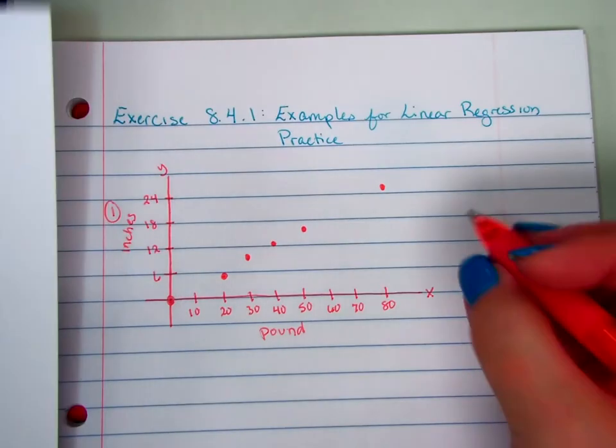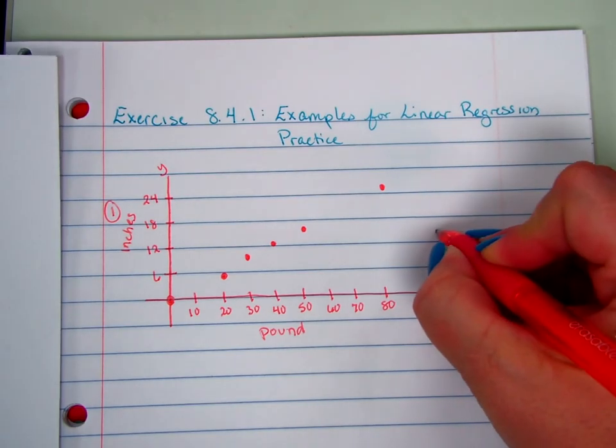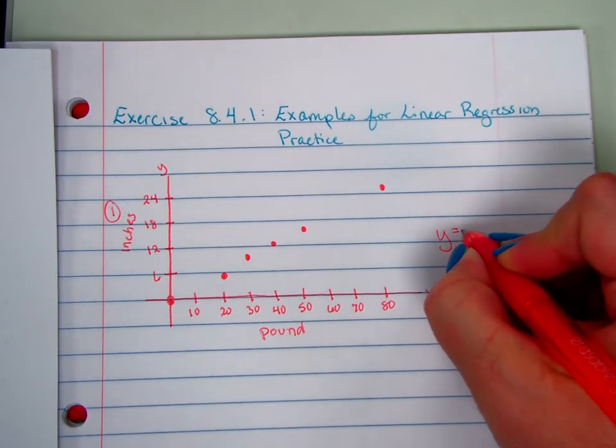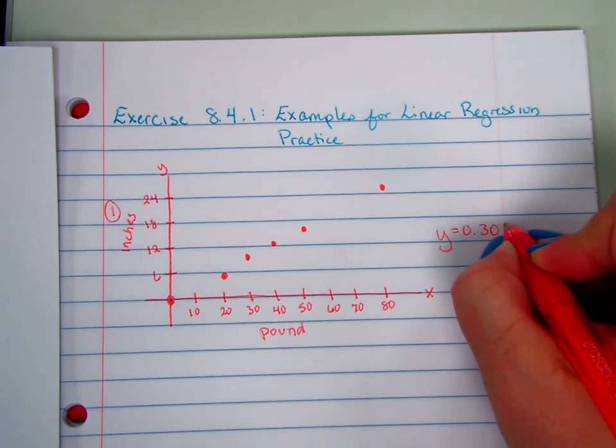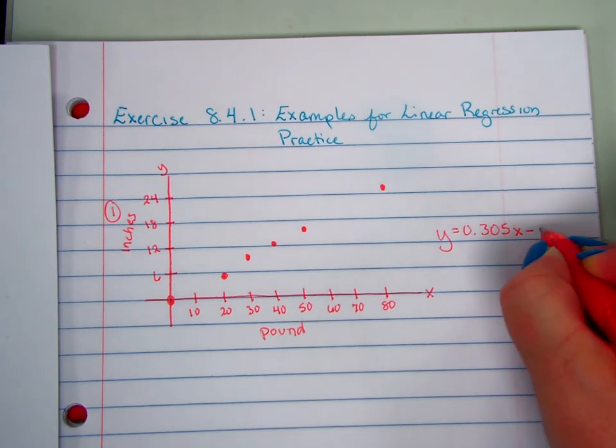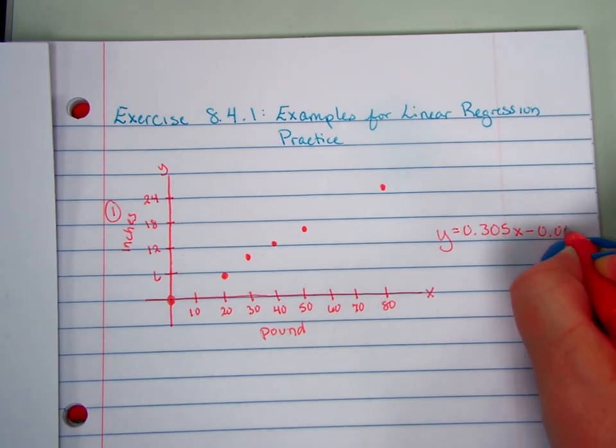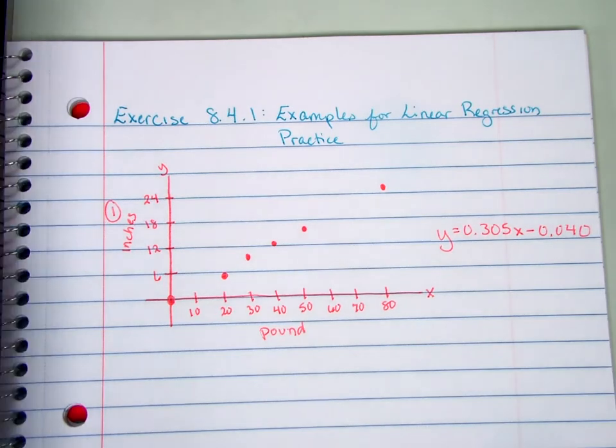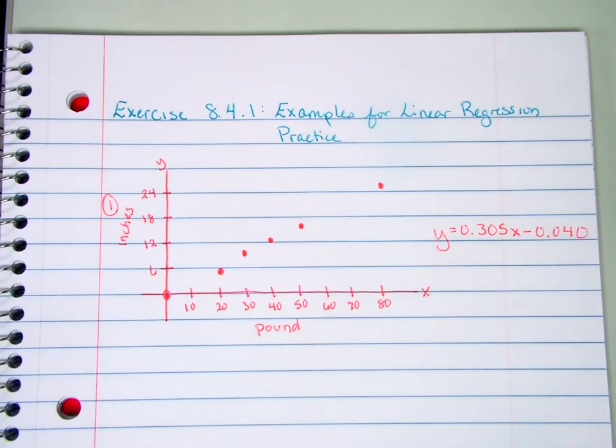Okay, so if I want to have it also over here, my linear regression is y equals 0.305 x minus 0.040 for number 1.